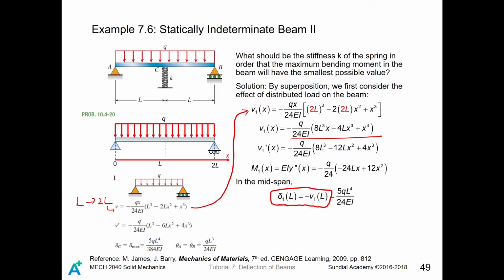Okay, that means when we solely discuss the distributed load, the deflection caused by the distributed load in the middle is given by the negative of V1(L), which is 5QL to the power 4 divided by 24EI.